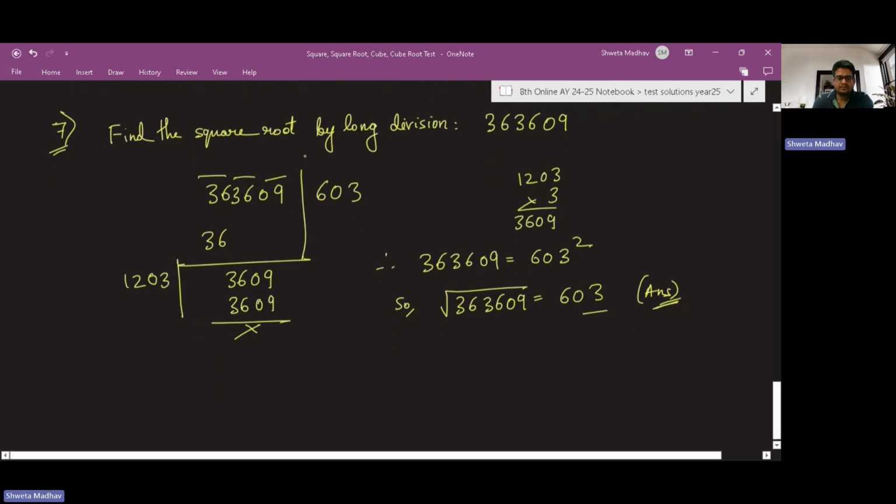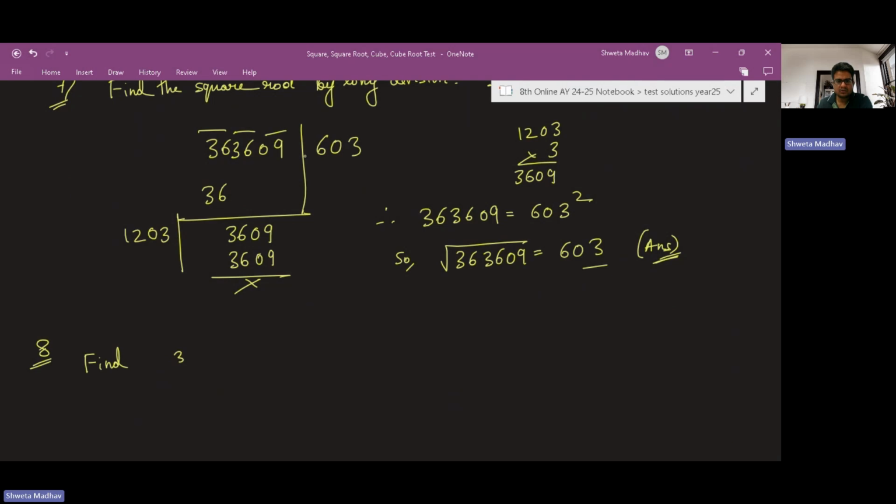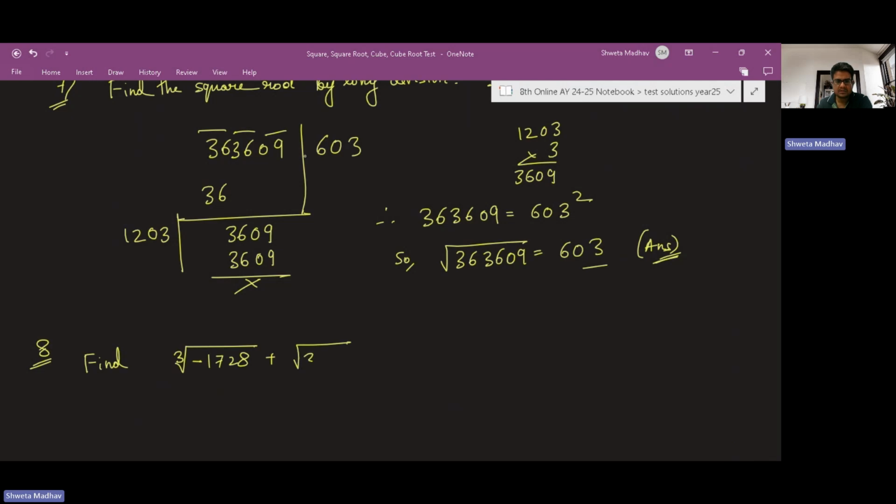Then question number 8 is to find the value of the cube root of minus 1728 plus the square root of 324.